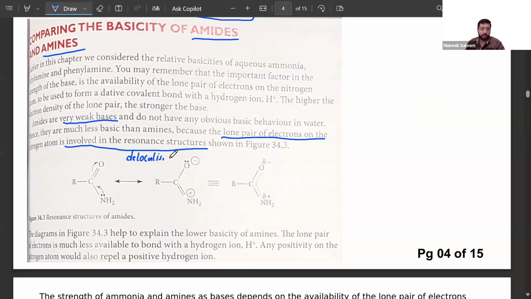What it means is that the electrons on the nitrogen atom are also delocalized onto the highly electronegative oxygen atom, and like electron pairs, the negative charge of the nitrogen goes on the oxygen to make it the negative part. So basically, the electron is intermediate.